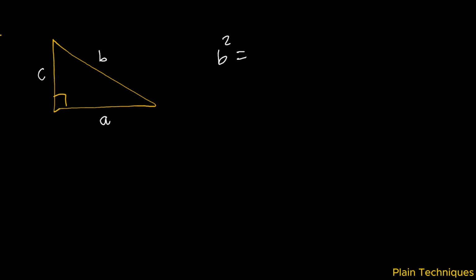So hypotenuse squared will always equal a squared plus c squared. So I'll go ahead and say a squared plus c squared. All right, so that is the Pythagoras theorem.